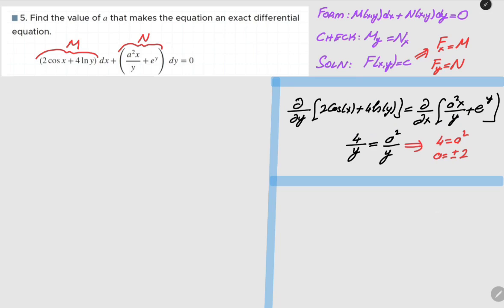And what about here? The last box is reserved for the solution. We are going to find our solution and write it to the solution box. Let f(x,y) is equal to c be a solution for this differential equation.